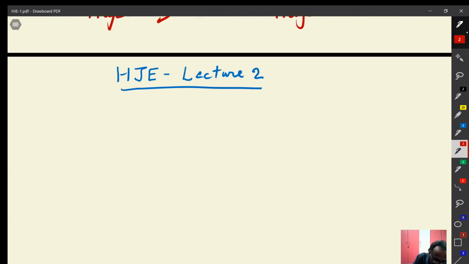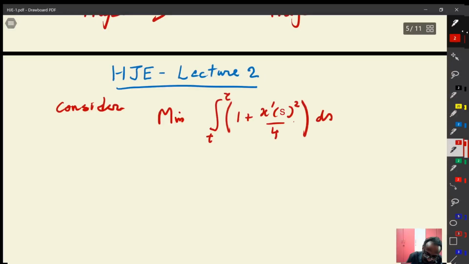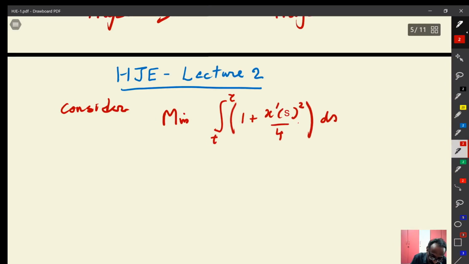Okay. So now let's consider the minimization problem. What we consider is the minimum of the integral from t to tau, the exit time, of 1 plus x prime of s squared by 4, ds. This is the minimum problem where x is in the admissible trajectories.